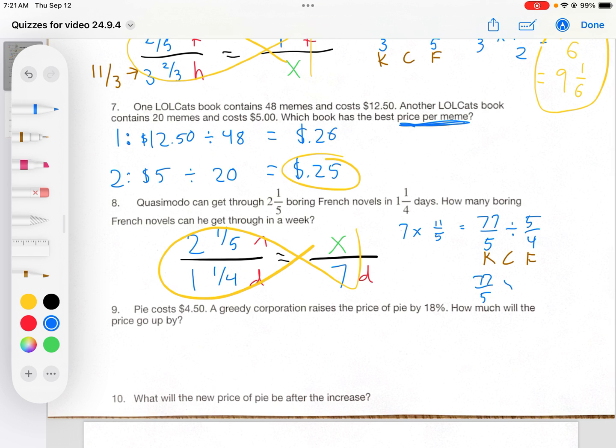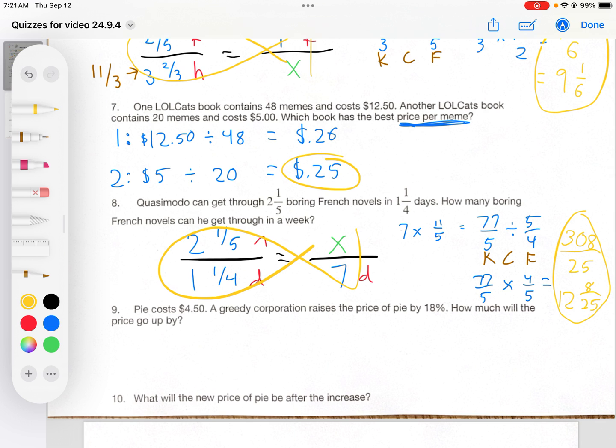We change dividing to multiplying, and we flip 5/4, so now it becomes 4/5. This gives us, and again, there were a couple good ways to write the answer, 308 over 25, or 12 and 8 over 25. Either of these two answers were acceptable.